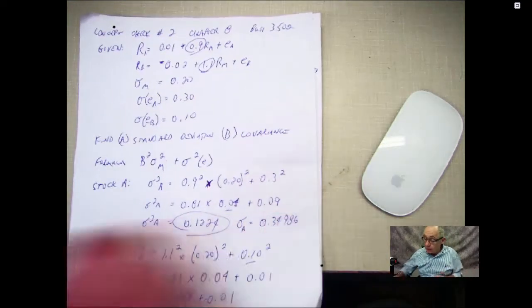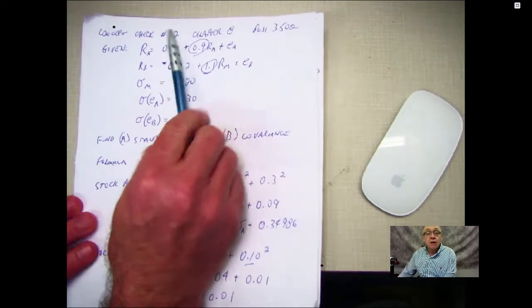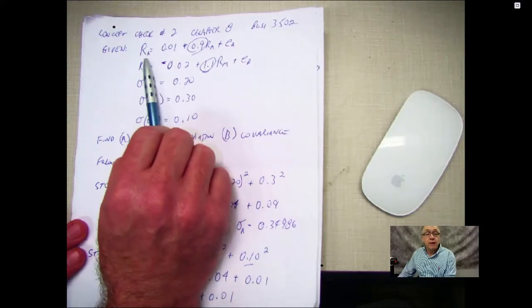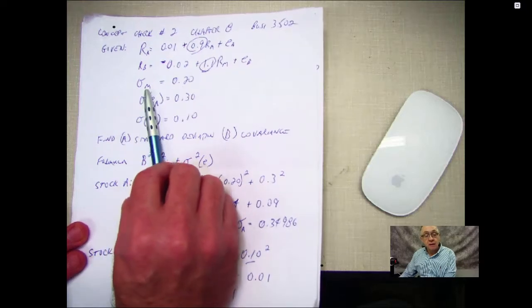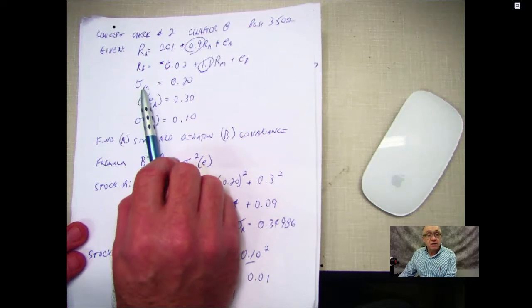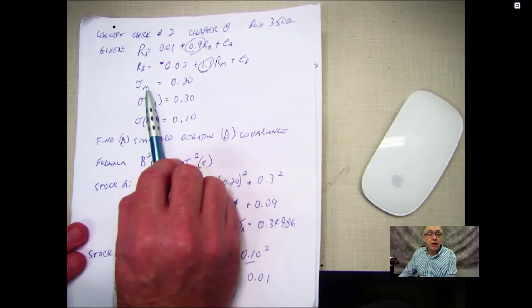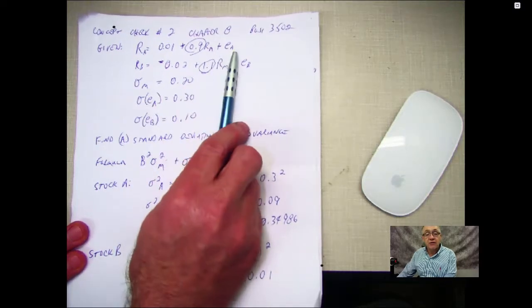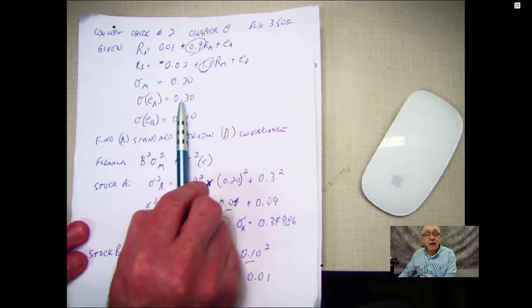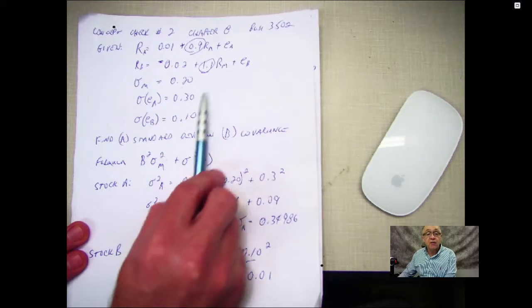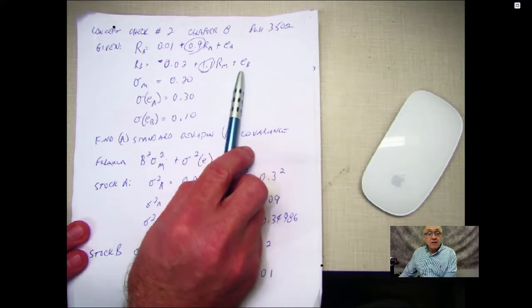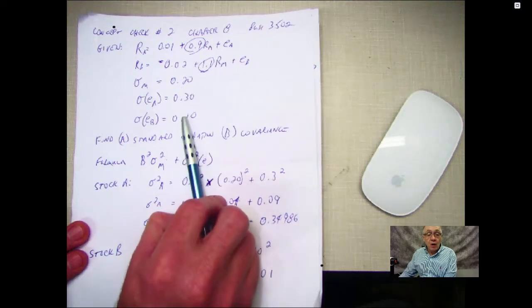So again, from concept check A, we had the formula for excess return for A, excess return for B, the variance and standard deviation for the market M, standard deviation of unsystematic risk for A at 0.3, and standard deviation of unsystematic risk for B at 0.1.